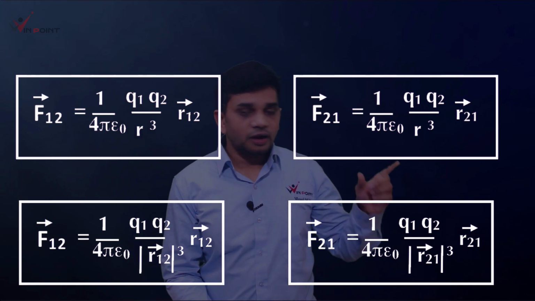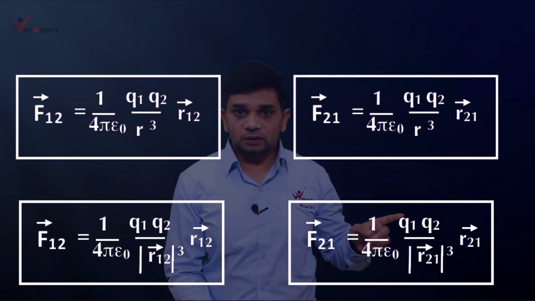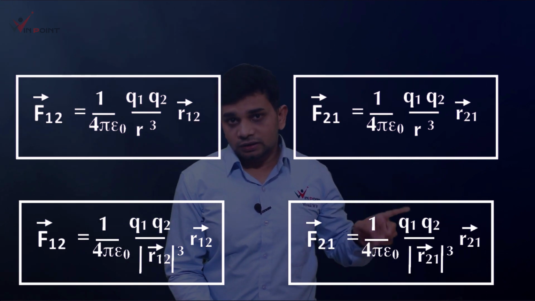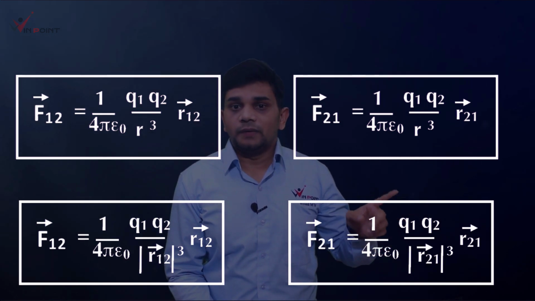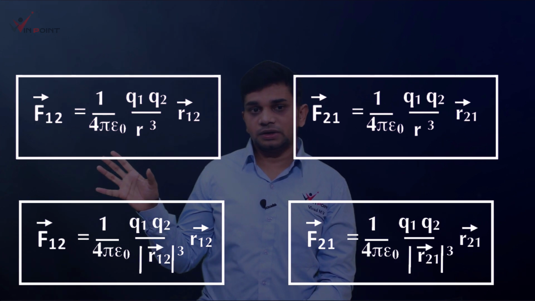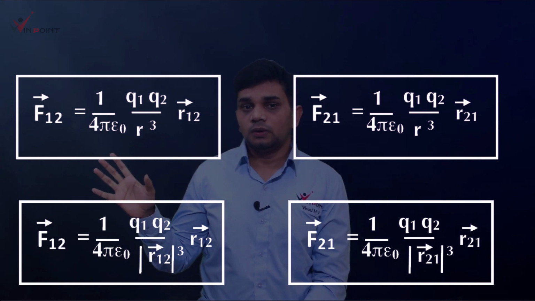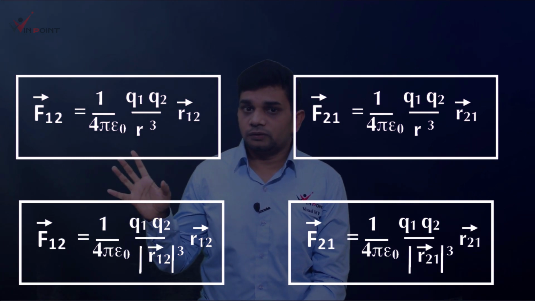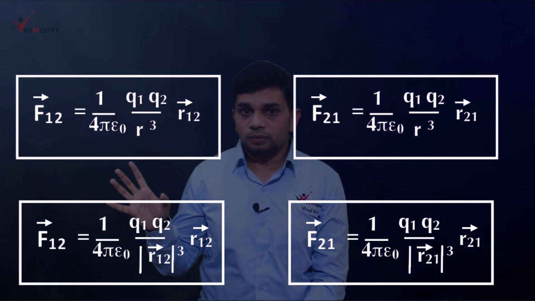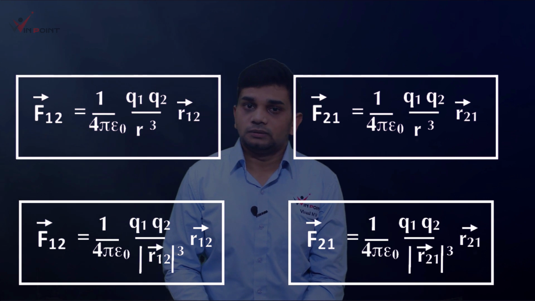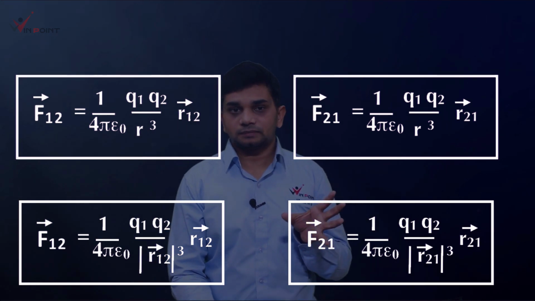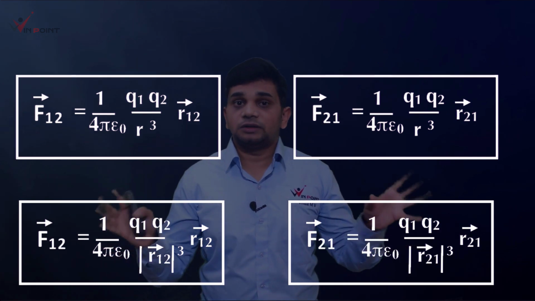Then the equation will be F21 equal to 1 by 4 pi epsilon 0 q1 q2 by magnitude of vector r21 whole cube into vector r21. Similarly, vector F12 equal to 1 by 4 pi epsilon 0 q1 q2 by magnitude of vector r12 whole cube into vector r12. You can use any of the equations.